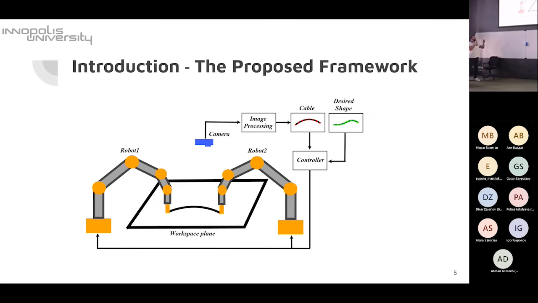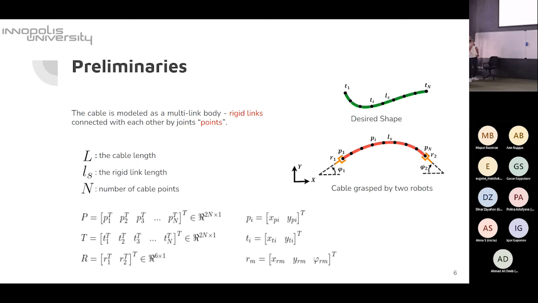So this is a glance of our proposed framework. We have two robots, a camera, and the cable fixed to the robots' end-effectors, and we are trying to deform this cable from one shape to another, while the desired shape is passed to the controller. In order to do that, we first have to find a practical representation of the cable.